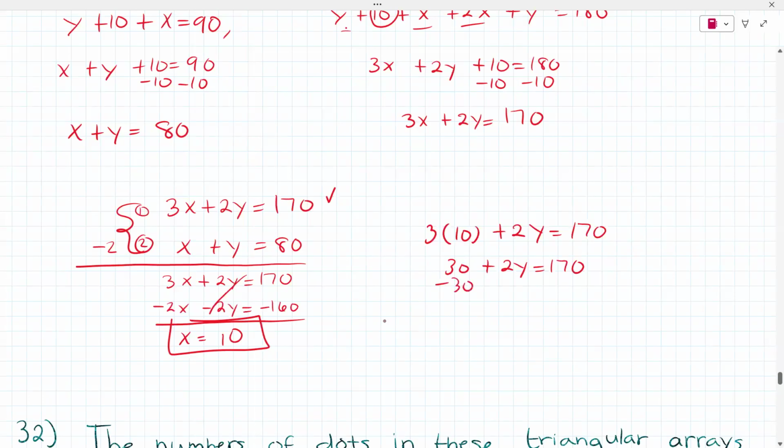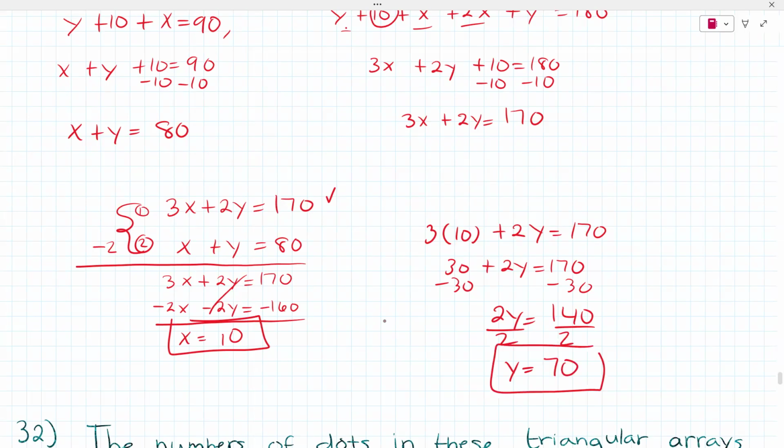Subtract 30 from both sides. 170 minus 30 is 140. Divide this by 2, you get 70. So y equals 70. Okay. So yeah, that's how you do that problem.